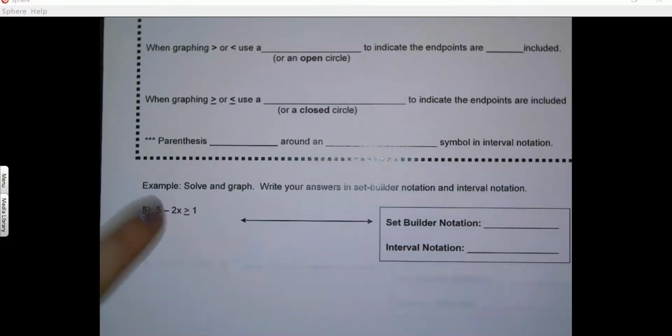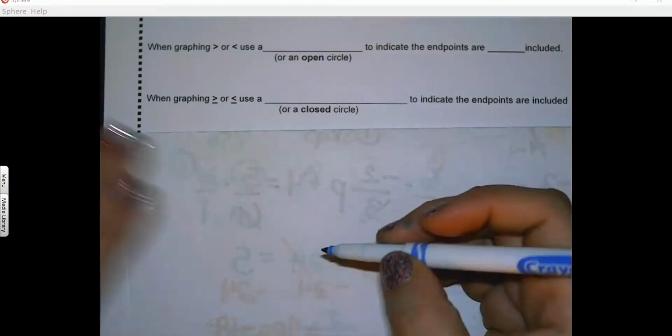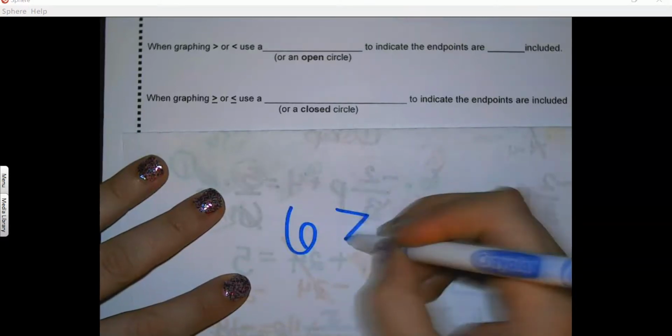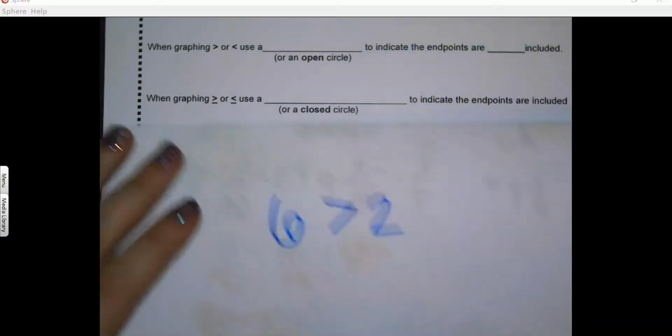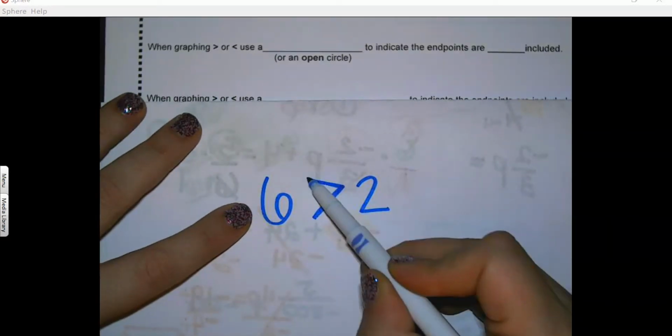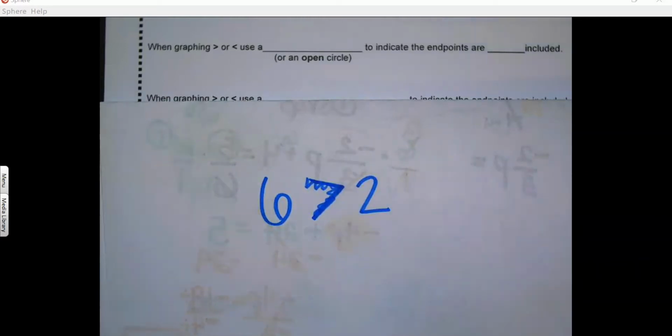When we solve an inequality, let's start with something basic. Let's say I had 6 is greater than 2. Okay, that's true. The mouth of this inequality should be facing the larger number, so this is a true statement.